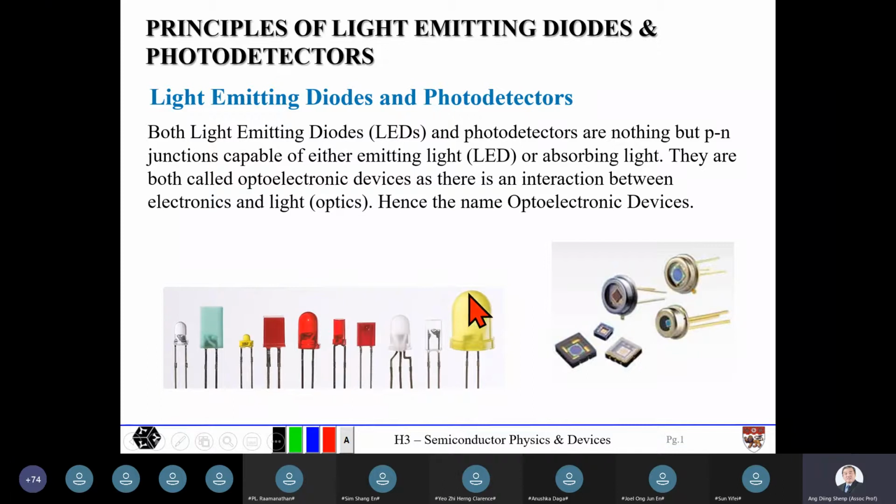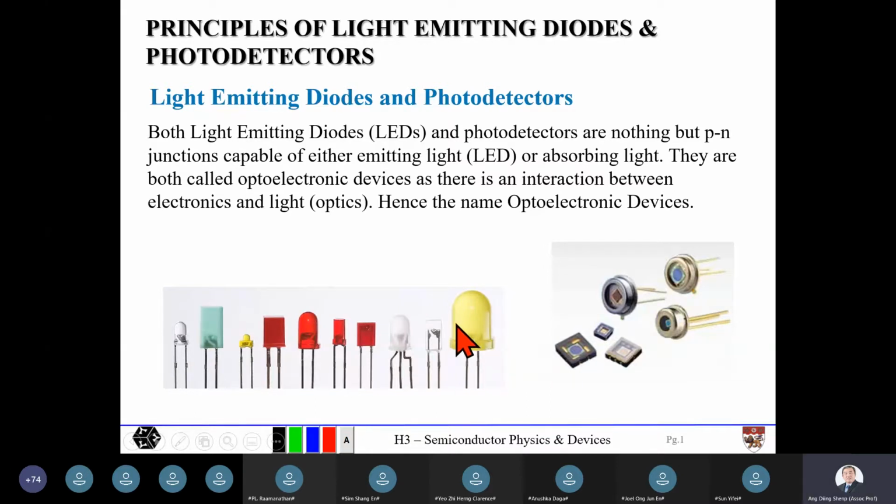It normally comes in a hemispherical shape like this. There's a reason for that, which you will be able to understand later on, why people shape an LED like this. And by the way, this hemisphere that you see here is not the LED itself.